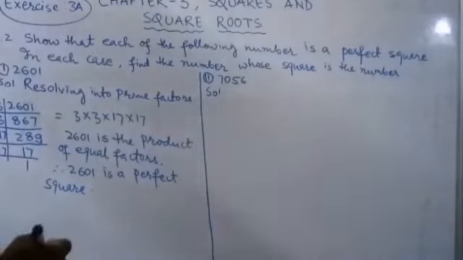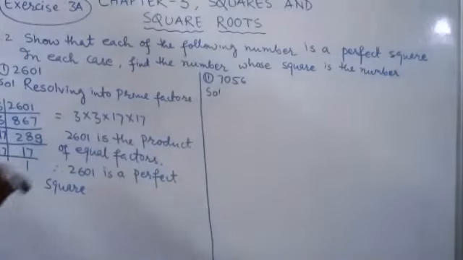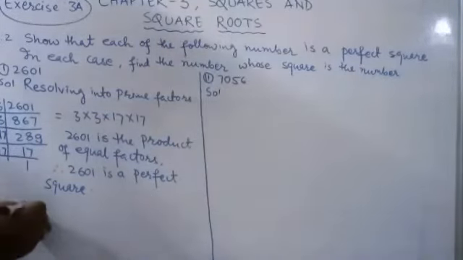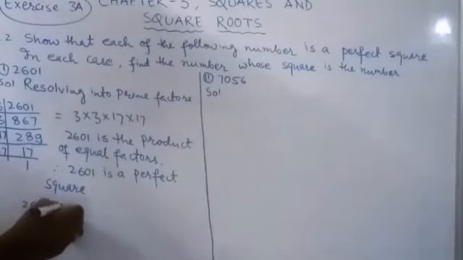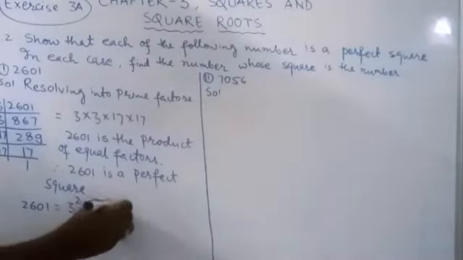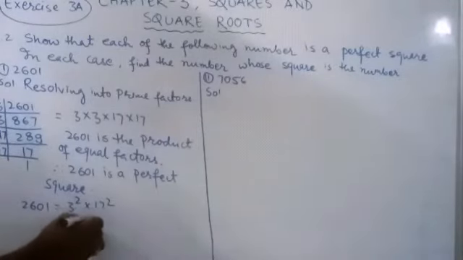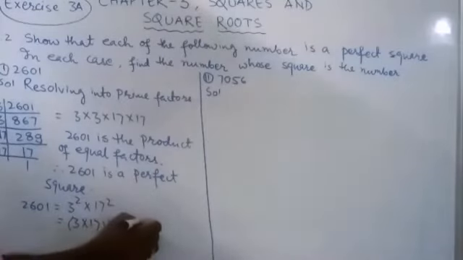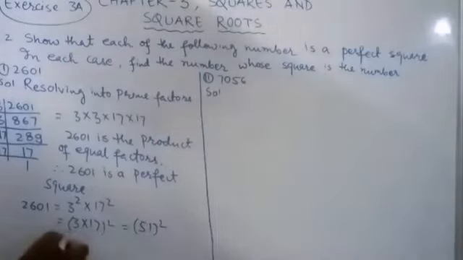So here again we have to write down the factors of 2601. Square of 3 multiplied by square of 17, which is equal to 3 into 17's whole square, equal to 17 3s are 51, square of 51.